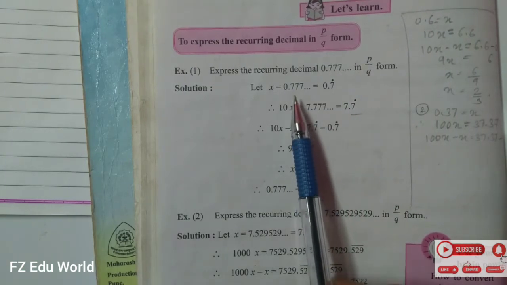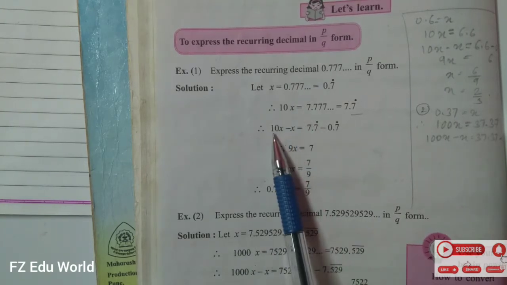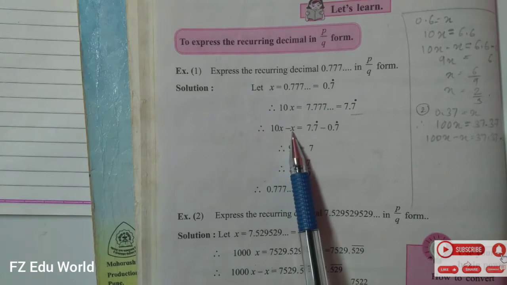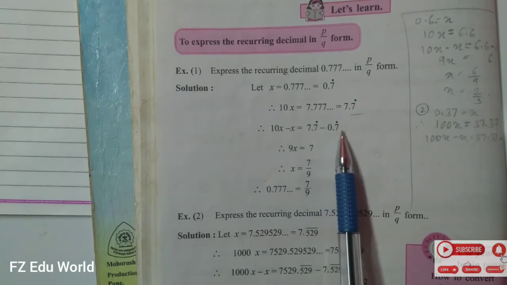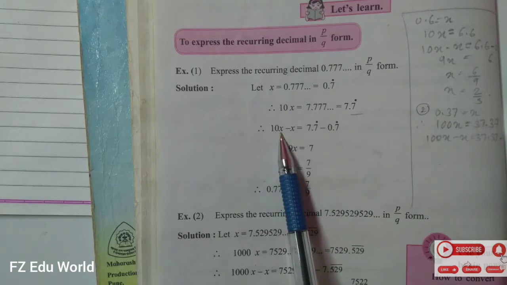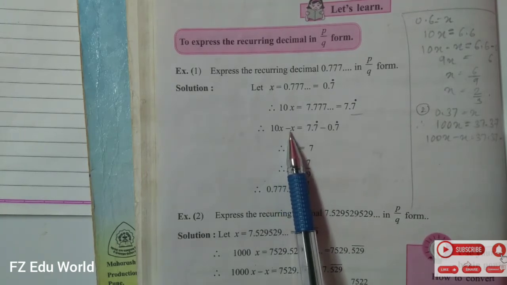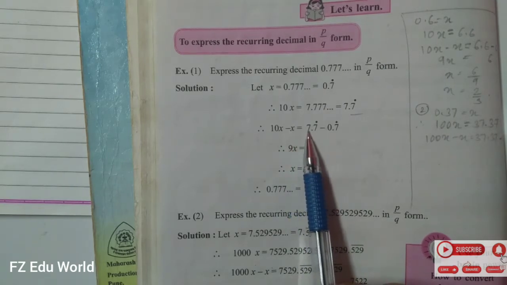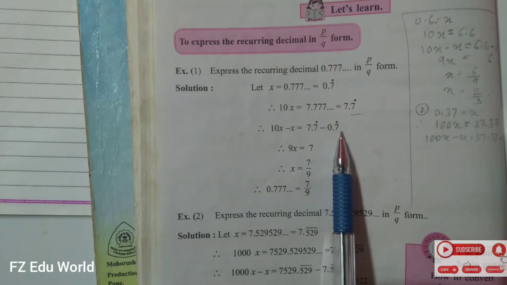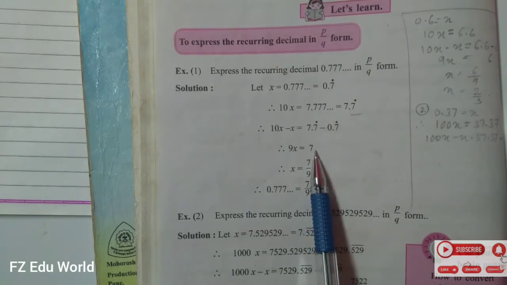We subtract equation 1 from equation 2. So we write 10x minus x is equal to 7.7 minus 0.7. 10x minus 1x, nothing is written here, that means it's 1x. That is 9x is equal to 7.7 minus 0.7, that is equal to 7.